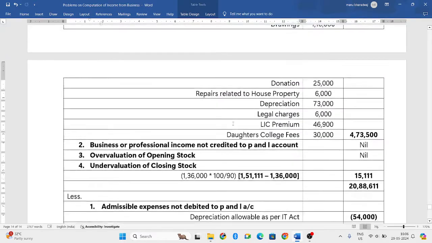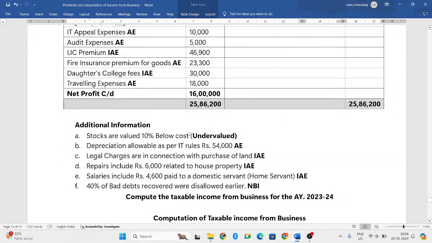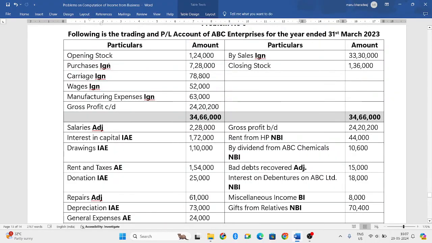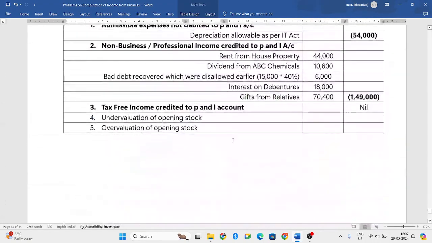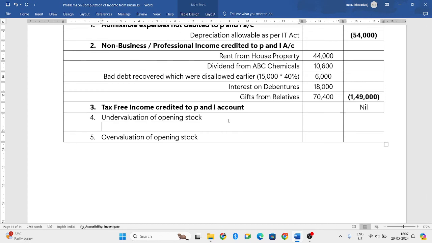Undervaluation of opening stock: yes, opening stock is undervalued by 10%. So what is the value of opening stock? The value of opening stock is 1,24,000. So I will write 1,24,000 into, we want it for 100%, but it is only 90% because it is undervalued by 10%. So 1,24,000 into 100 divided by 90, we get 1,37,777 rupees.